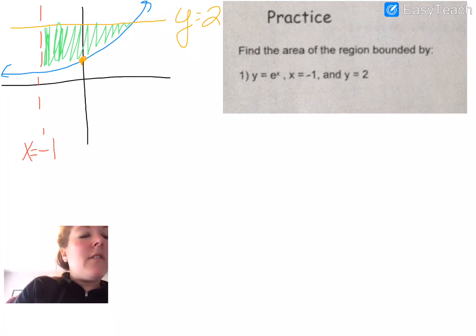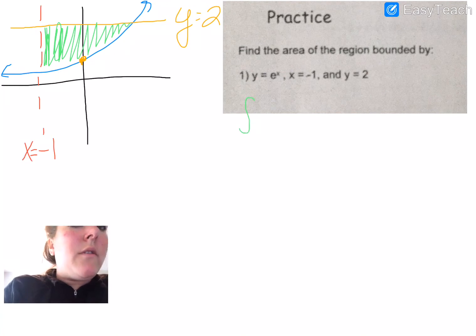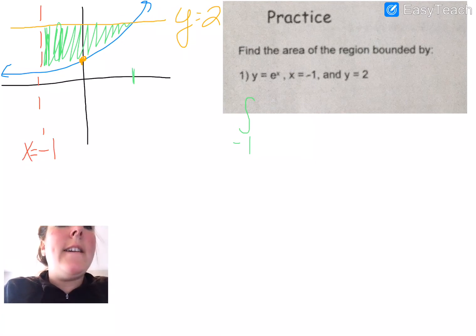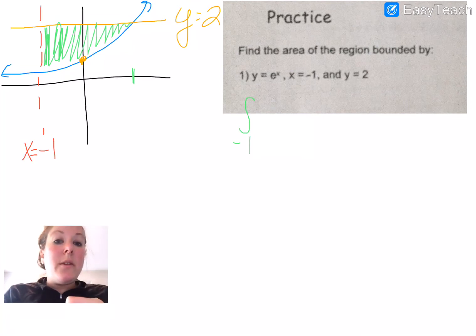So let's start to set up our integral and see what else we need to figure out. Got the integral, and my left bound is -1, and my right bound is right here. I wonder what that could possibly be. If you remember from our quadratic linear functions, when we were finding their intersection, we set them up as a system of equations.